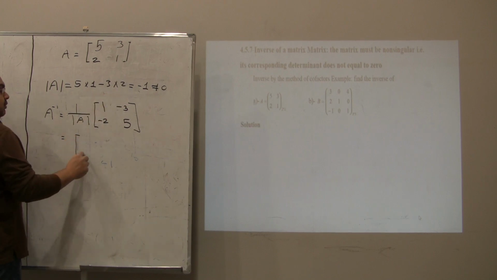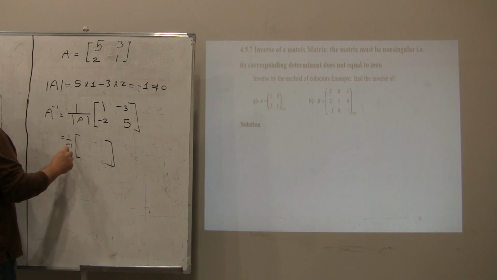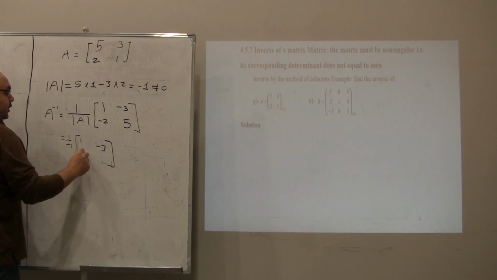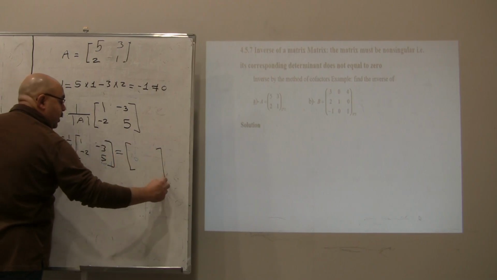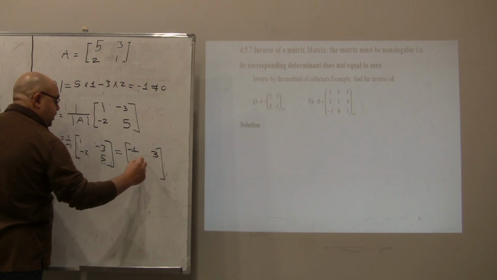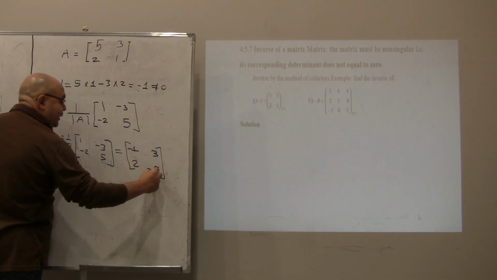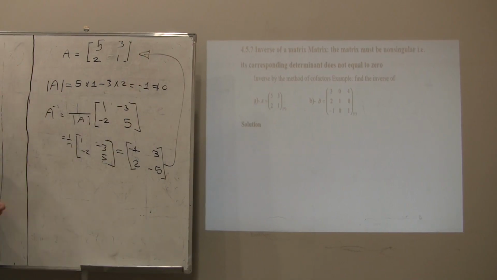So I will multiply each element by 1 over negative 1, for 1, negative 3, negative 2, and 5. And so your inverse will be negative 1, 3, 2, negative 5. That's the inverse of this matrix.